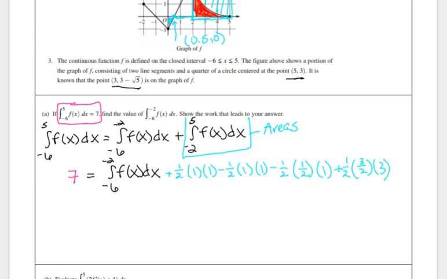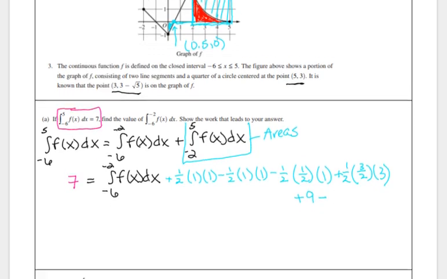So we're going to do plus 9, because it was a 3 by 3, and then minus the area of that quarter of a circle. So pi, the radius is 3, and it's a quarter of a circle. So I know that that blue stuff's kind of written in 2 lines there, but we do know that this and this cancel each other.